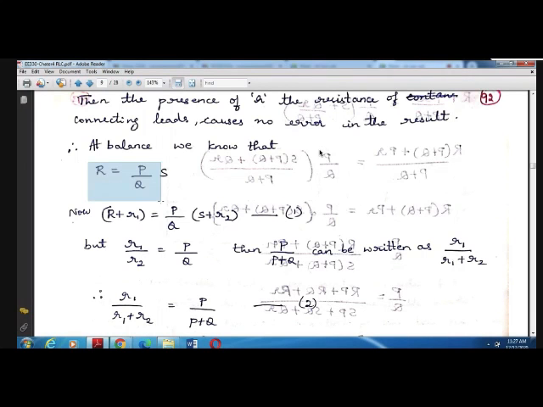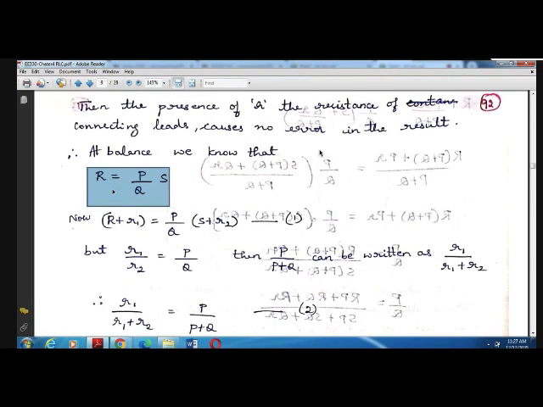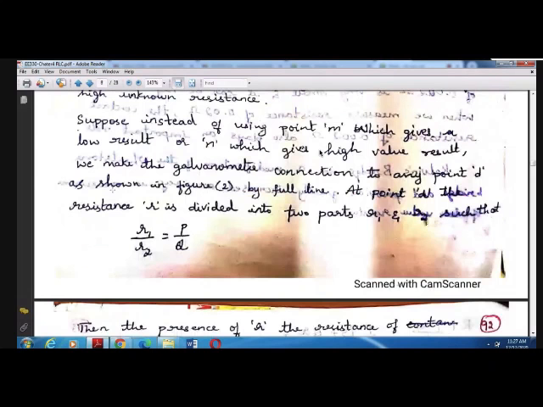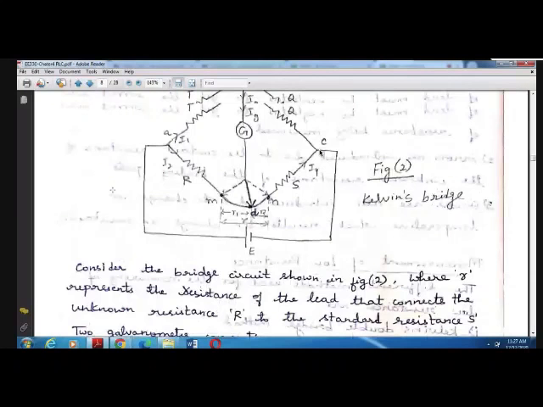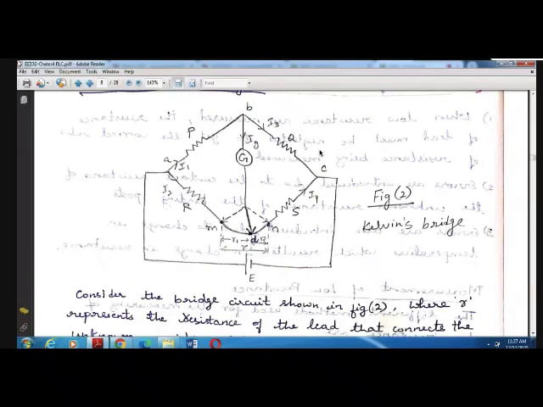Here I am just replacing while keeping the circuit of Kelvin's bridge. In Kelvin's bridge, in addition to the Wheatstone bridge, we added one contact lead resistance between R and S, connected using two points M and N. When we connected the galvanometer to either point N or point M, we were not getting exact values.